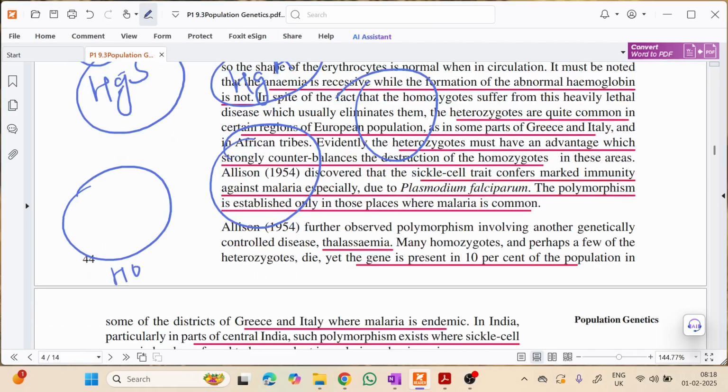First is homozygous dominant, then heterozygous dominant, and homozygous recessive.